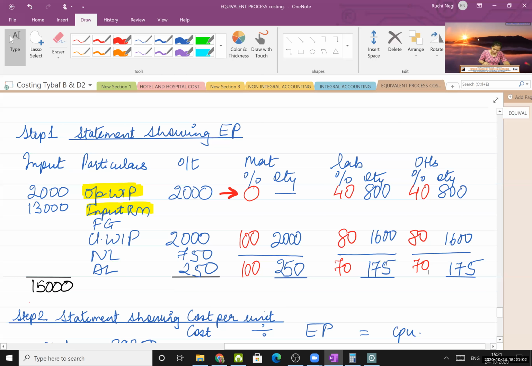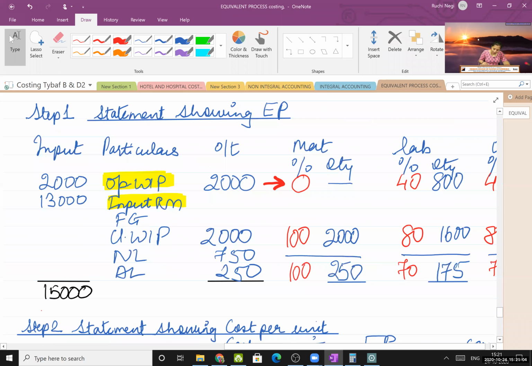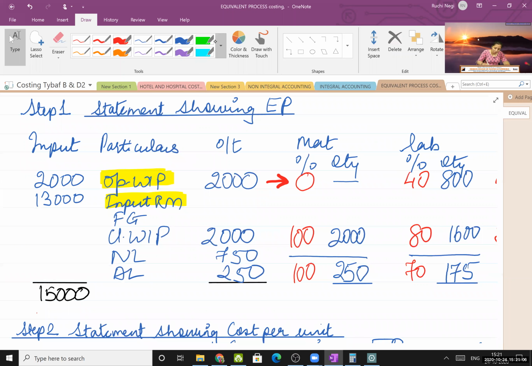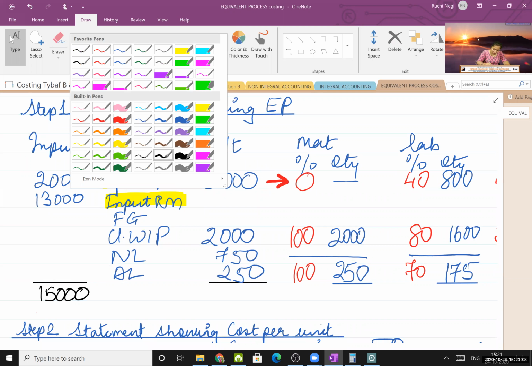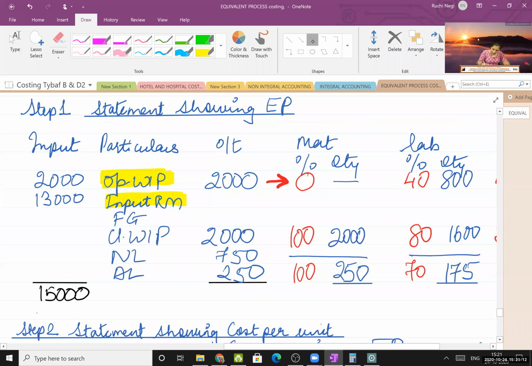Next. Now we know one thing, that input is always equal to output. Yeah, ये तो मुझे पता है. Input is always equal to output. मतलब even this has to be 15,000. Okay, so go reverse. So when you go reverse, plus will become minus and minus will become plus.